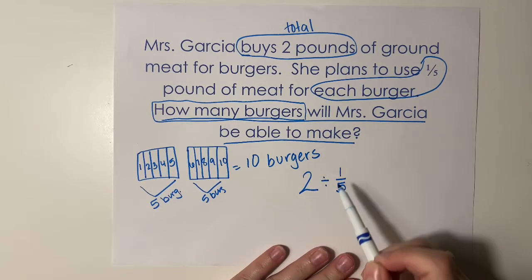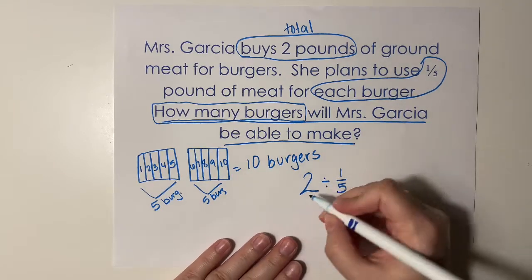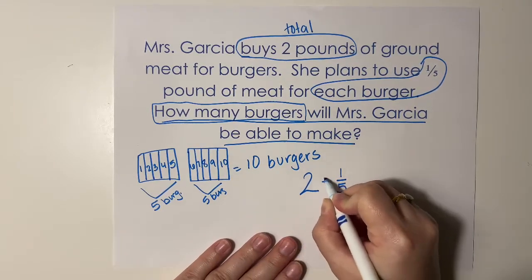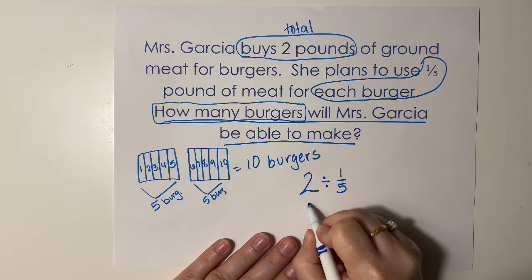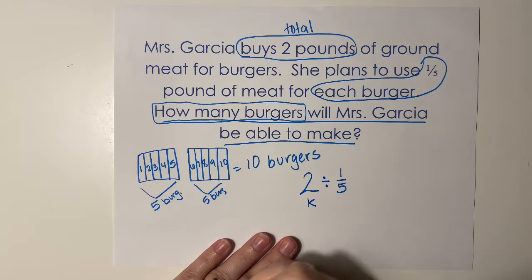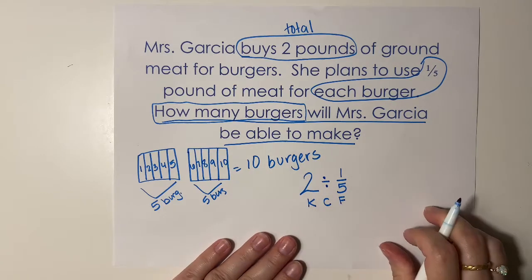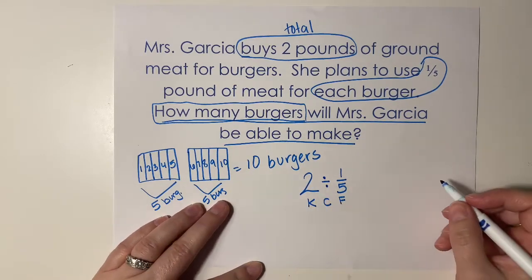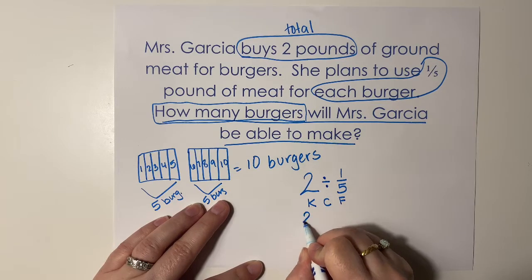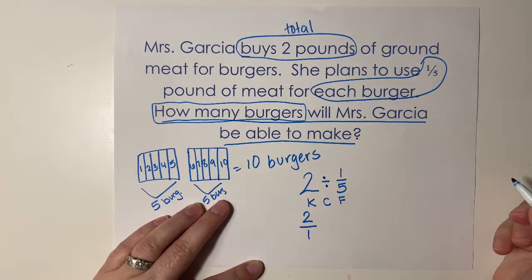So to do 2 divided by 1/5, let's just remember, when I'm dividing by a fraction, one thing I can do is keep, change, flip. I'm going to keep my 2, but my 2 needs to become a fraction, so I'm going to make it 2 over 1 whole.